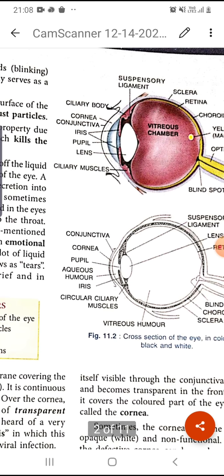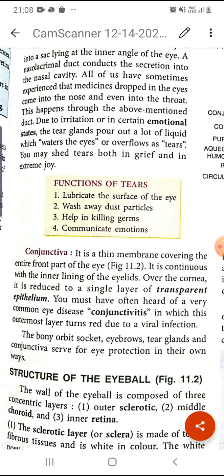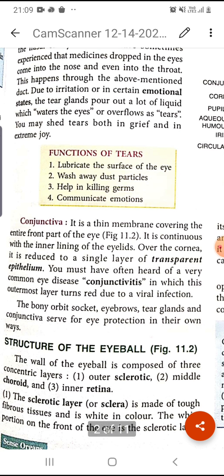It is a very thin membrane that covers the outer part of the eye. Over the cornea, it is reduced to a single layer of transparent epithelium. Whenever you hear the name conjunctivitis, almost all of you have had this disease at least once. Whenever there is inflammation in the conjunctiva region, it causes conjunctivitis, actually due to viral infection.